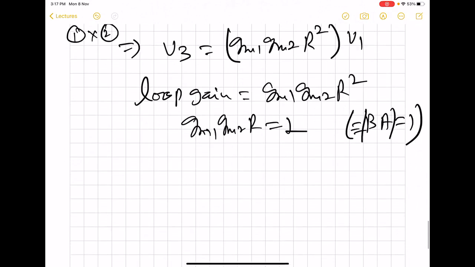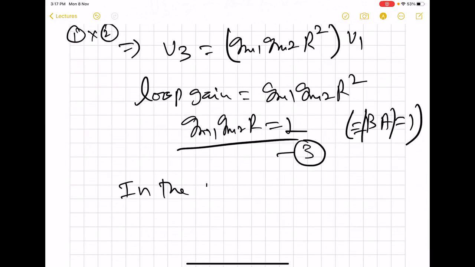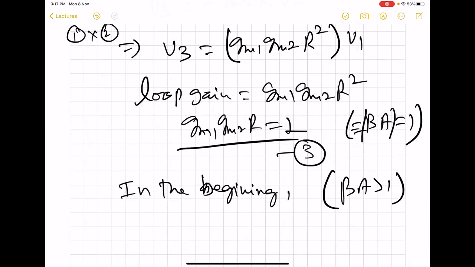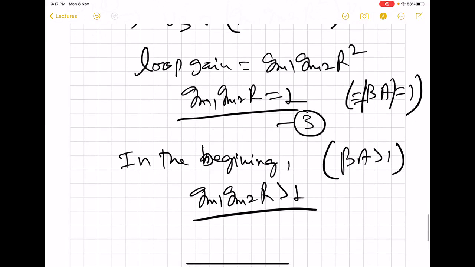And if we ensure this equation 3, then in the beginning this loop gain should be greater than 1, so that every time a signal completes one loop, it grows, its amplitude increases. So the signal component at omega naught in the noise will start growing up gradually.